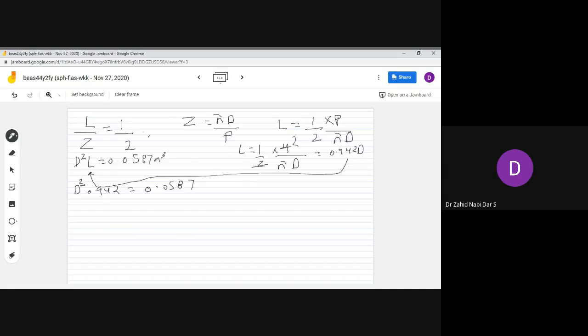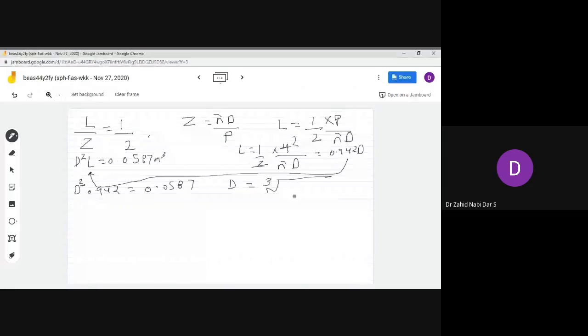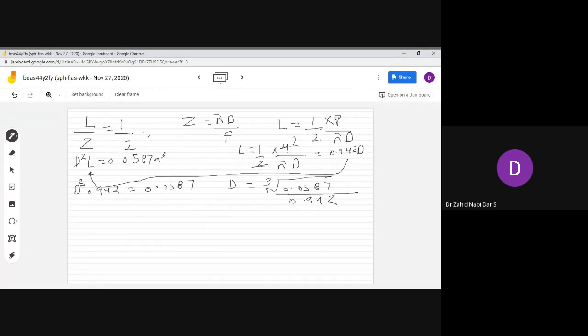You can calculate the value of d: it will be the cube root of 0.0587 divided by 0.942. From here you will get the value of d.